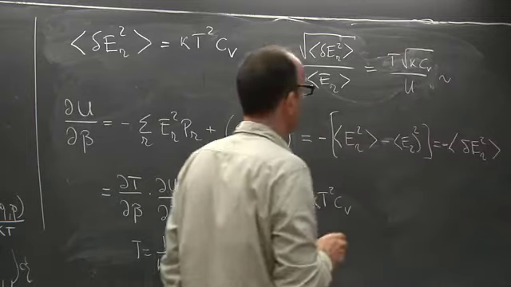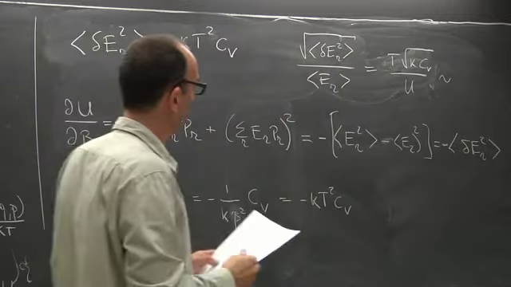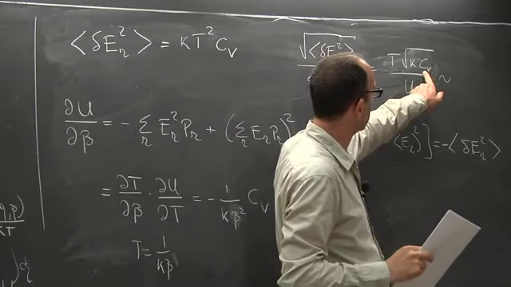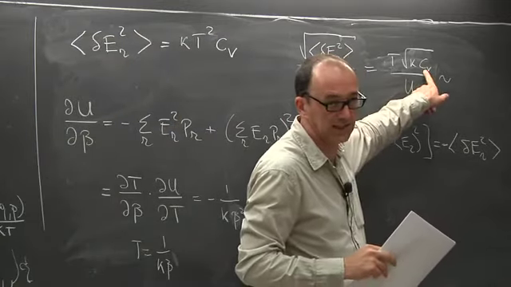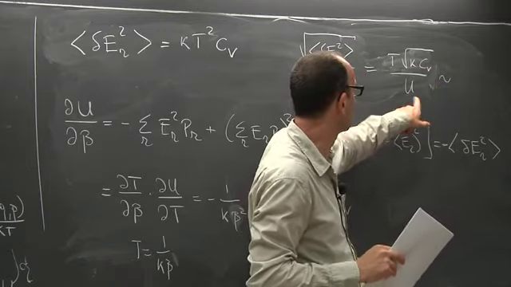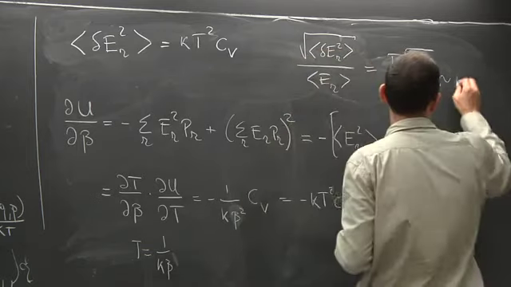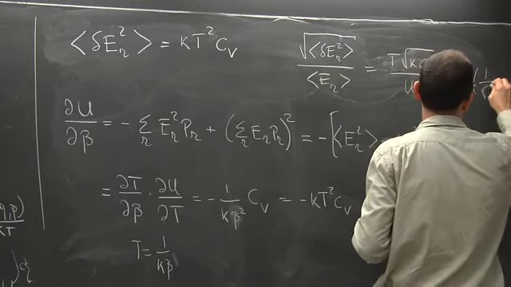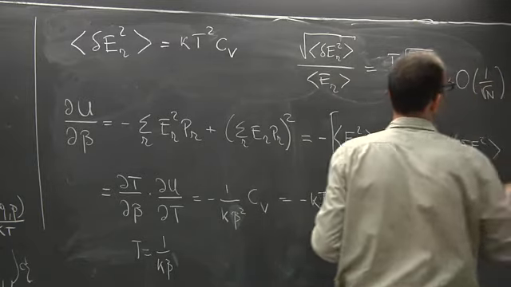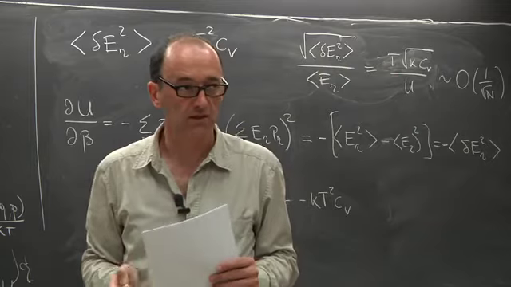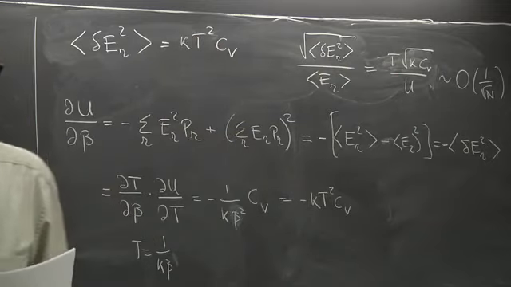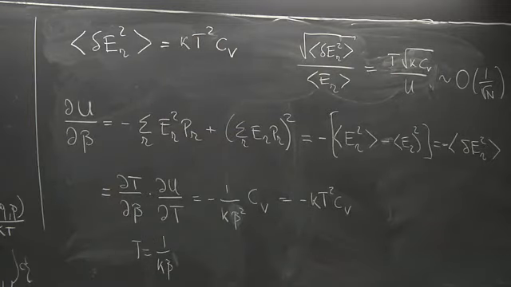And the important thing is that now the specific heat is extensive, the energy is extensive. So all of this is of order 1 over square root N. Okay? So if I take a very, very large system, the relative fluctuations of the energy will be extremely small.